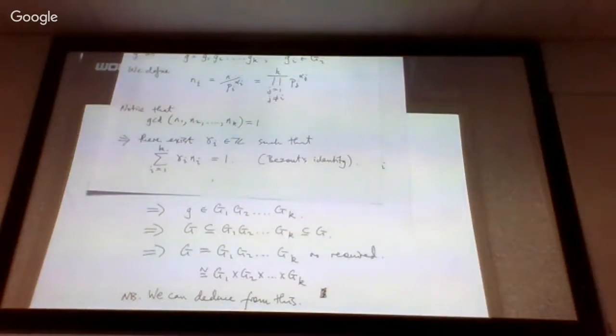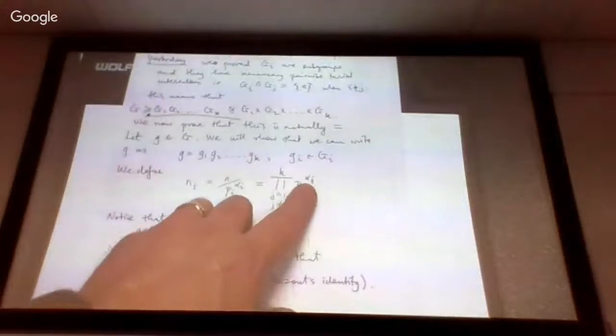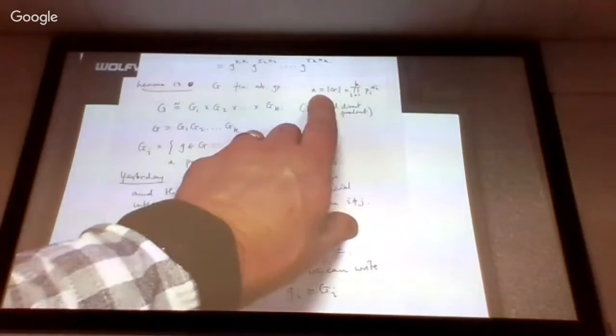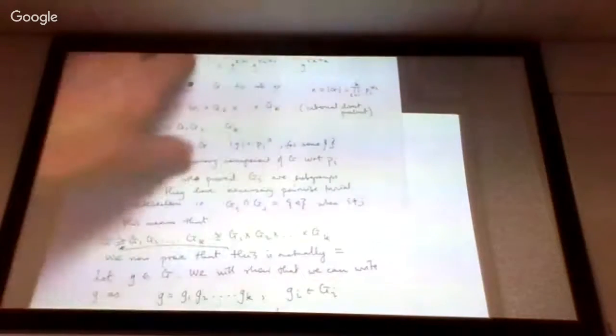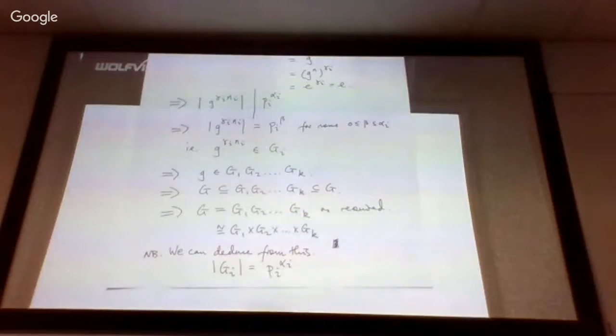So it must now be the full power of it, so that the size of G_i is p_i to the alpha_i, where alpha_i is the same alpha_i that appeared in the prime factorization of it.